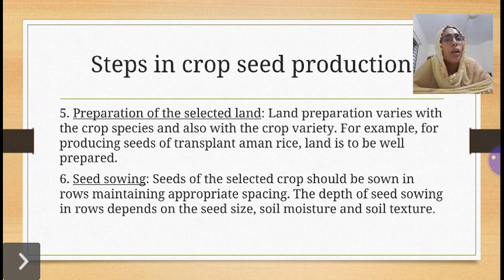Okay. And number 6, seed sowing. Seeds of selected crop should be sown in rows, maintaining appropriate spacing. Here spacing is very important, and you get better results if you maintain rows, because if you maintain a row, it would be easier to control weeds, to give them irrigation, to give them fertilizer, or to control insects, so it is important to maintain rows.